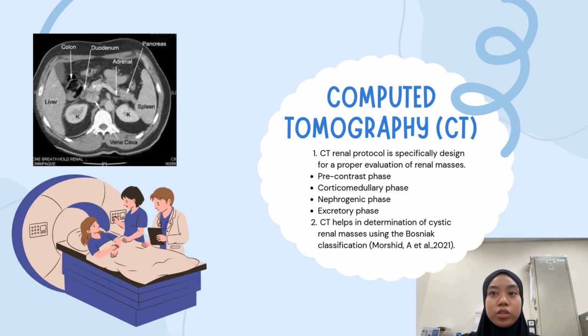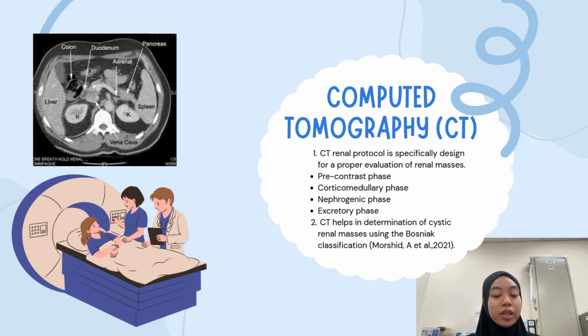Next, we have computed tomography or CT, which has superior accuracy compared to ultrasound, and it also has similar diagnostic performance to MRI, but it is much more readily available with a rapid acquisition time.